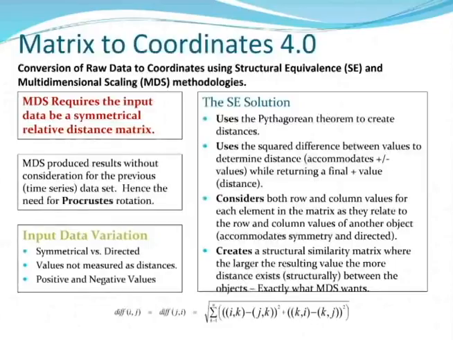Each data set, when it's run through multidimensional scaling, is run independent of all other data sets. Now, in a time series, this is bad because it's going to find the best fit, and the best fit isn't always going to match to the previous set. Now, what do I mean by that?